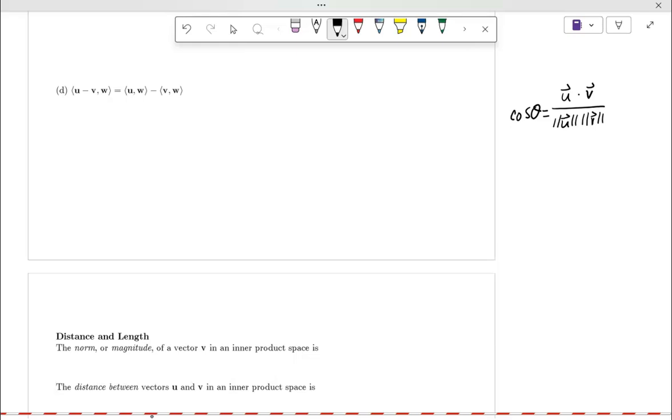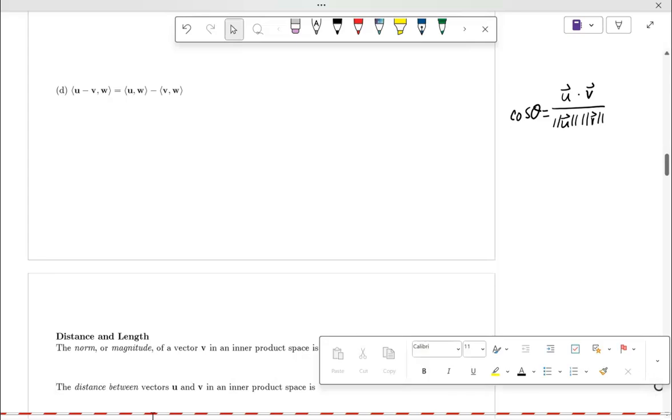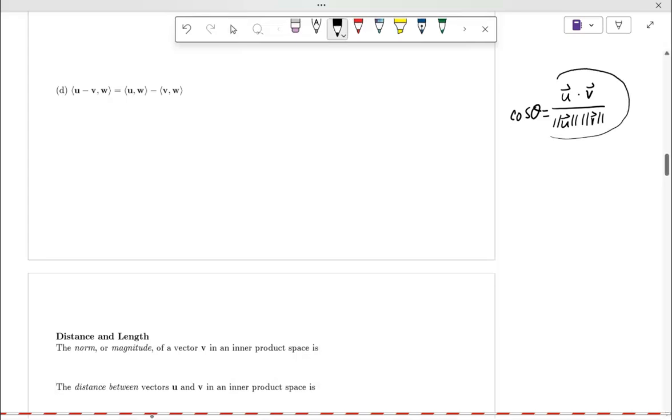Now, in order to do this for any two vectors, what needs to be true about this expression in order to be able to do the inverse cosine? Or said another way, what do you know the cosine is always in between? Let's start there.